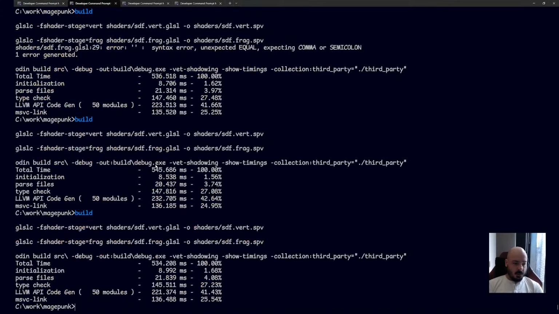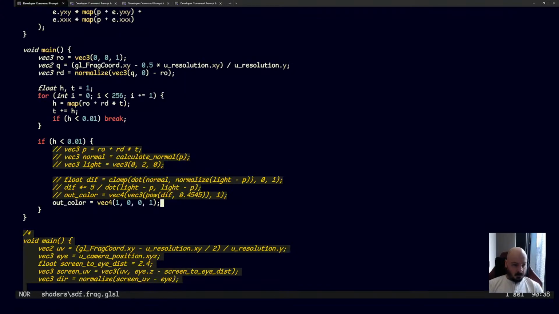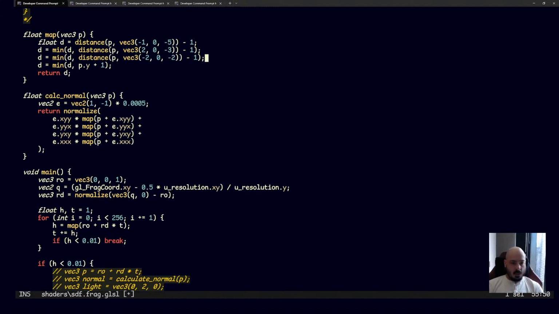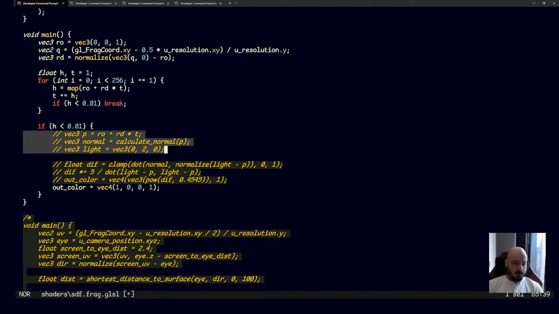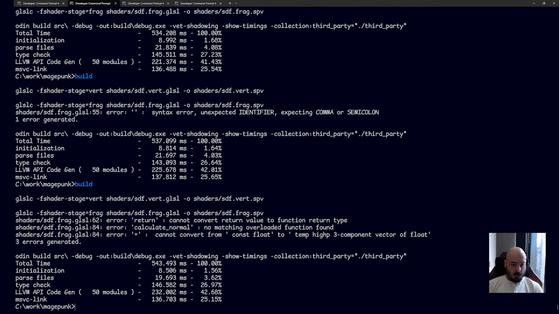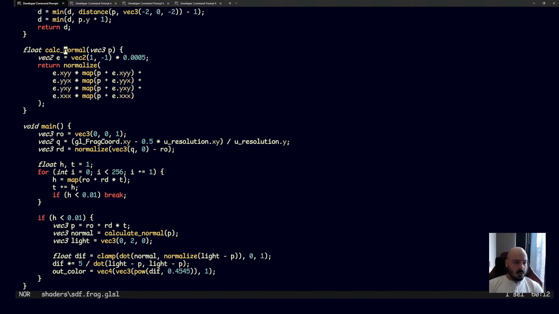We can narrow down the problem somewhat. Ah. Right. Well, that shader wasn't even running. I should have checked. I cannot convert to a return type. So we're returning a float.